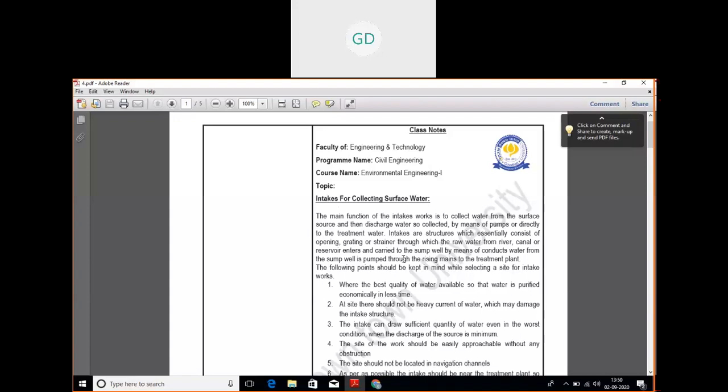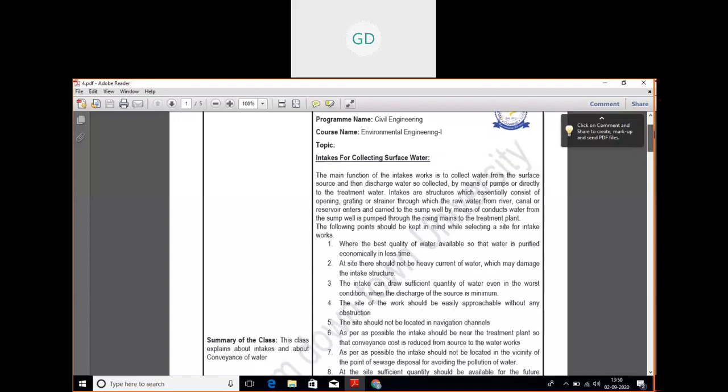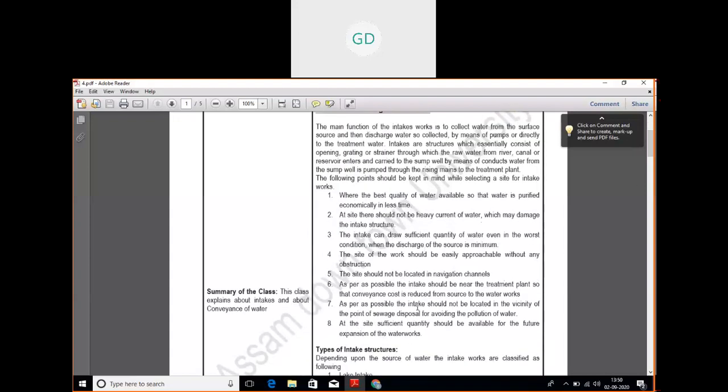I will give it in the next class. I will be giving you one picture about the points. Here 8 points are given, but I think in the book it is given more nicely. So I will provide you that in the next class, but for now you just listen to me.